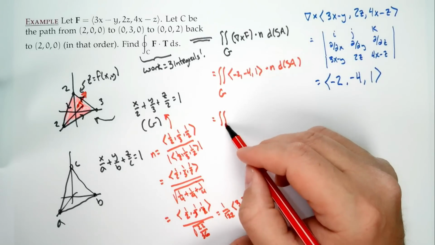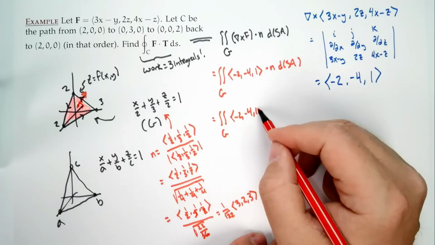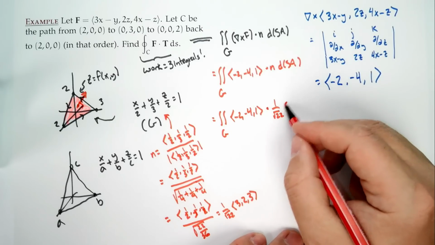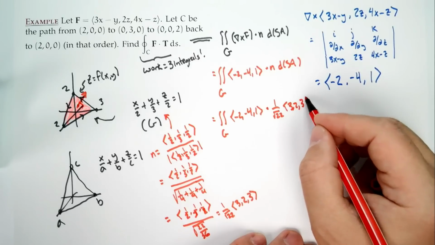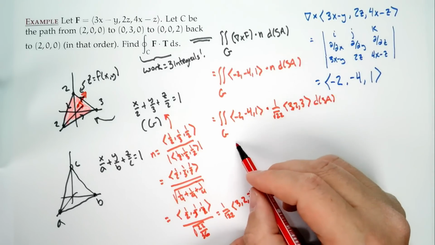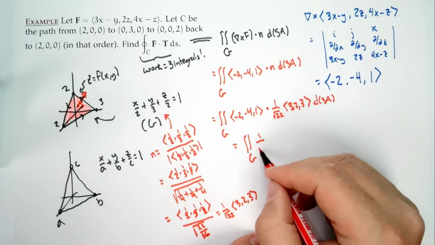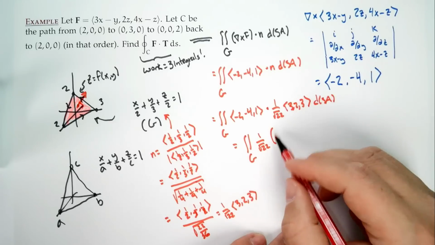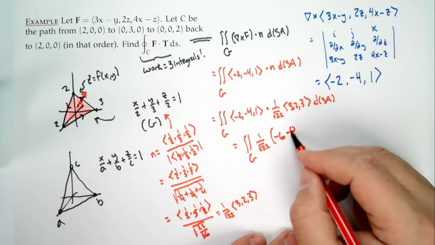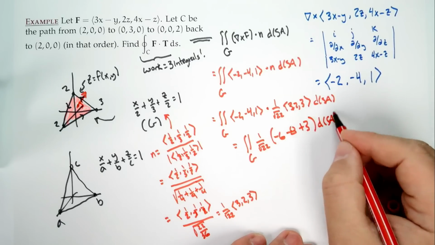So this is the integral over g of -2, -4, 1 dot 1 over square root of 22, 3, 2, 3 dS. So that would be the integral over our surface 1 over square root of 22 times, well, -6 minus 8 plus 3 dS.